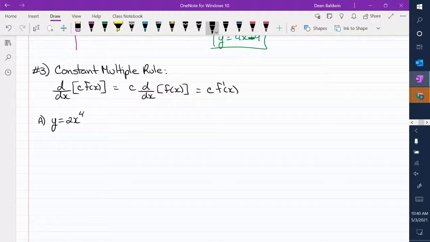So if you have this 2 here, 2x to the fourth, and I want to know what y prime is. Basically, ignore the 2, essentially pull it out. So you just rewrite the 2 right there, and then do the derivative of x to the 4. What's the derivative of x to the 4? 4x cubed.